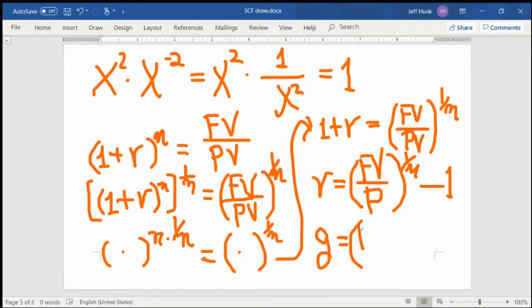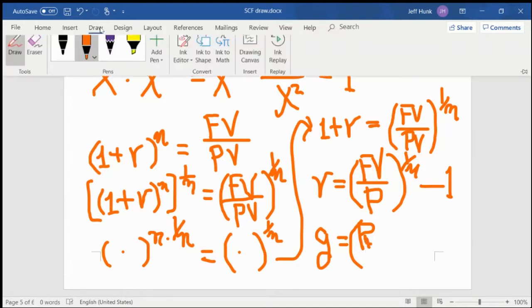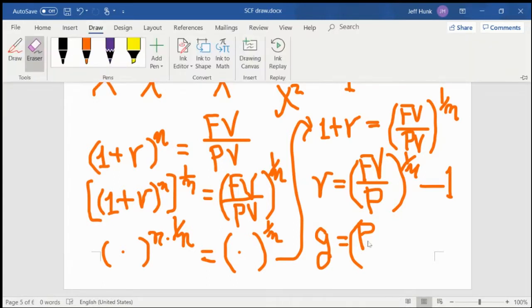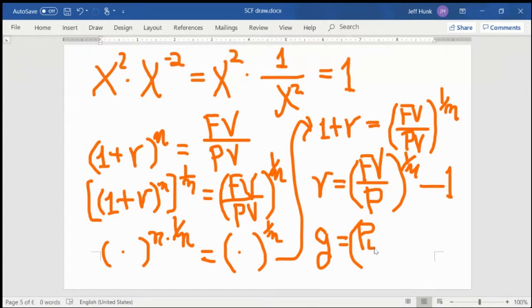And remember, in that geometric average, the future value was expressed as P sub t plus n, and the present value was P sub t, P subscript t, and over 1 over n, and minus 1.